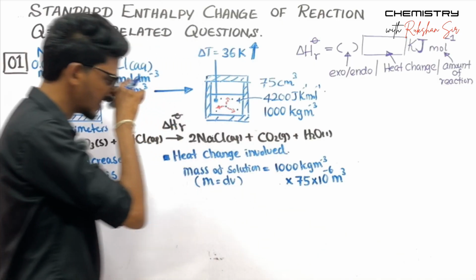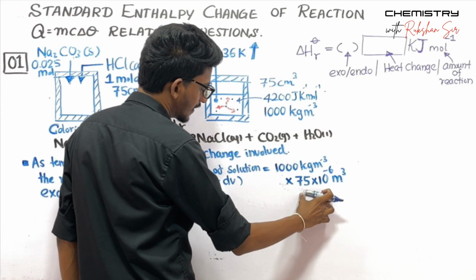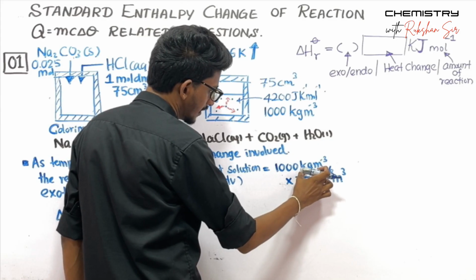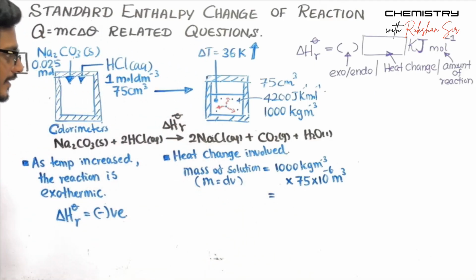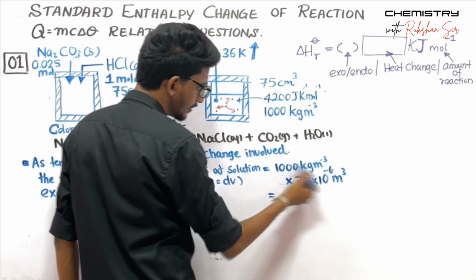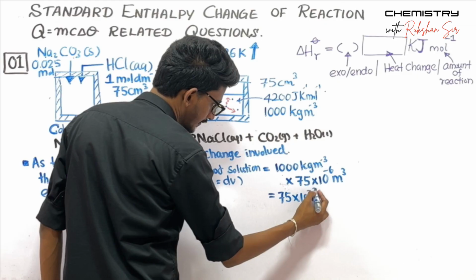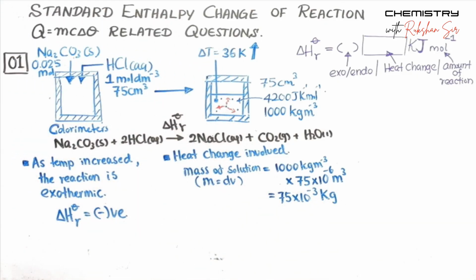To cancel off the units, you have to apply the volume, which will be okay with the units of the density. So it will be given as, right, 3 zeros will be cancelled off with this. So it is going to be 75 into 10 to the power minus 3 kilograms. There is a mass of the solution.